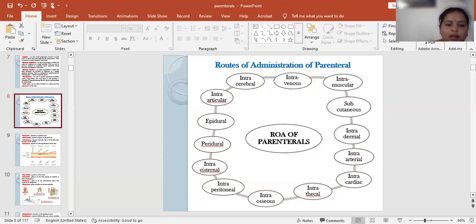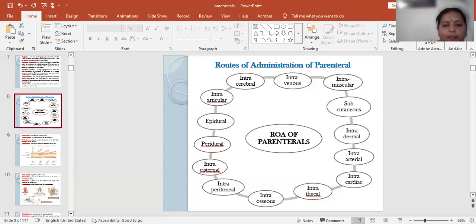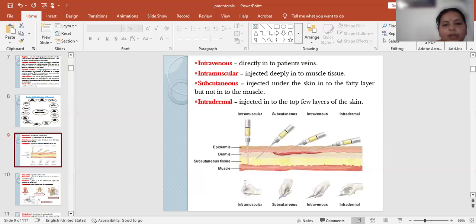And next, coming to the next slide, routes of administration of the parenterals. So next, intravenous, directly into the patient's veins.